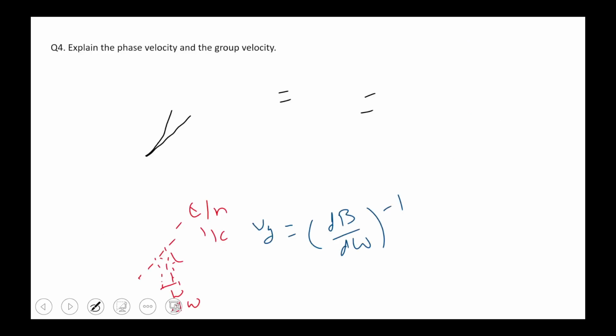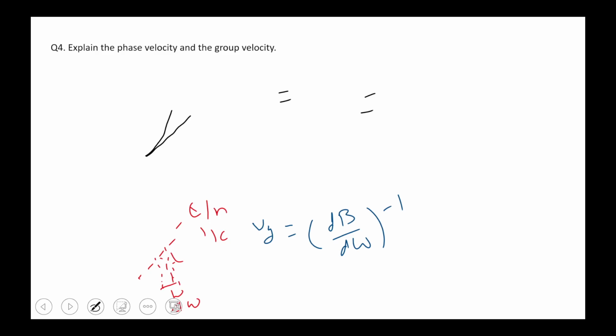So what is the phase velocity and group velocity? Can anyone answer that? See, waves can travel in a group, which are known as wave packets.